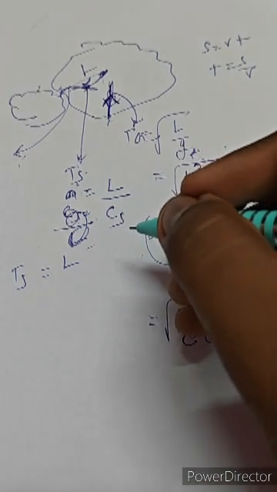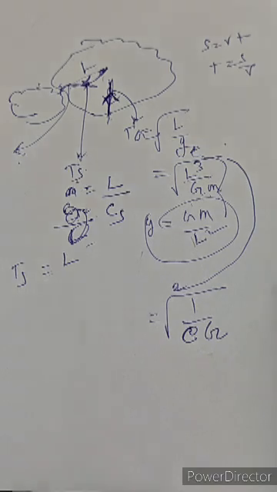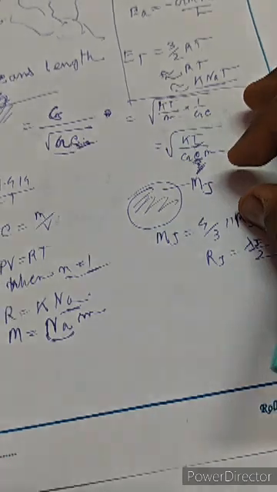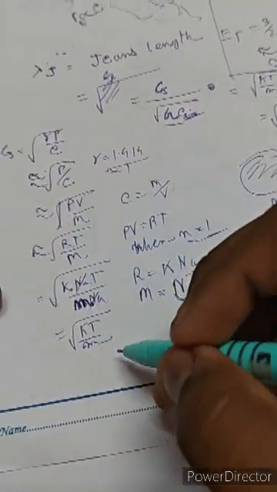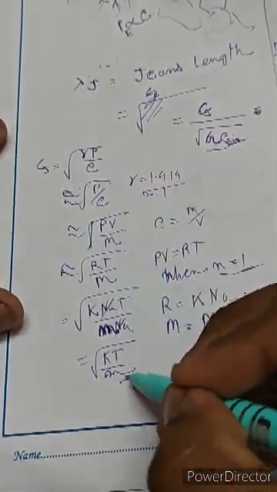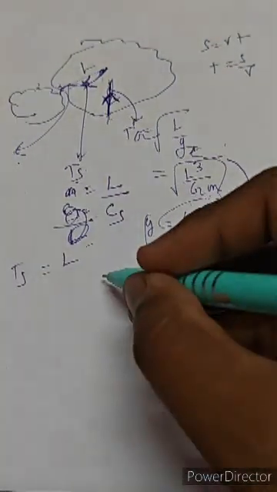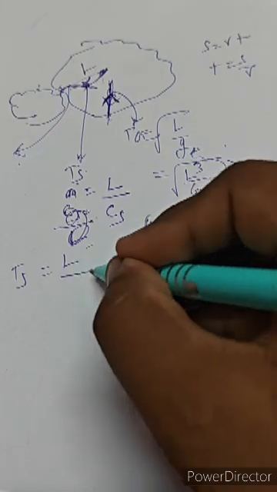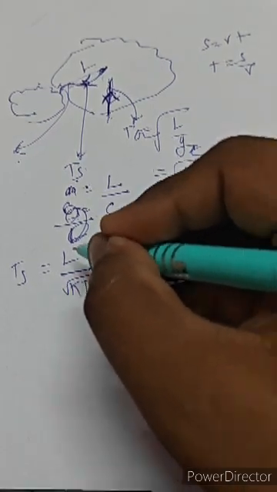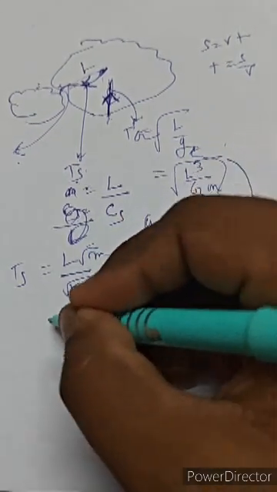What is cs? We know that cs is root over KT by m, so here I put this formula, root over KT by root over m.